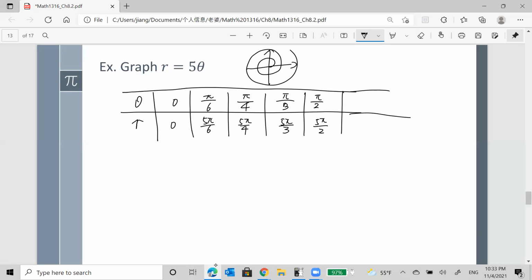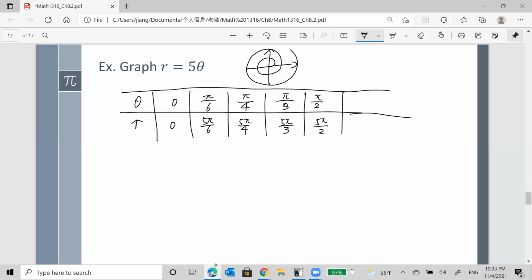So we know that it's not symmetric. It's not symmetric to the polar axis or pi over 2, because if you flip it, it doesn't match at all. We know the shape of the spiral, so we can't use the negative angle with the same r, because it's not symmetric to the polar axis.